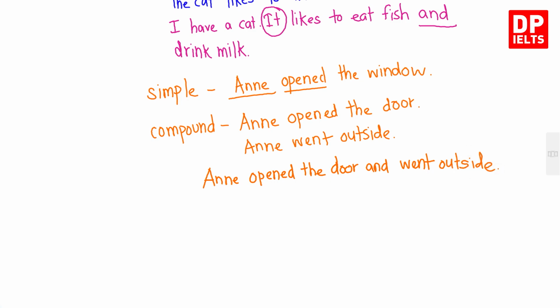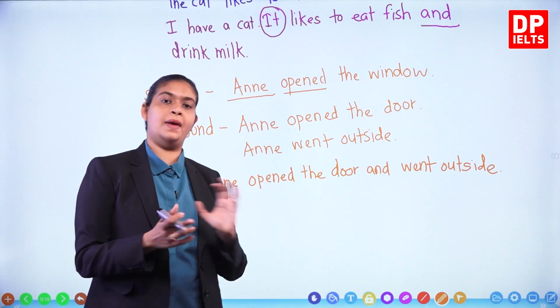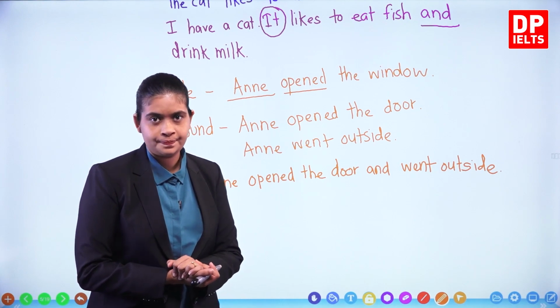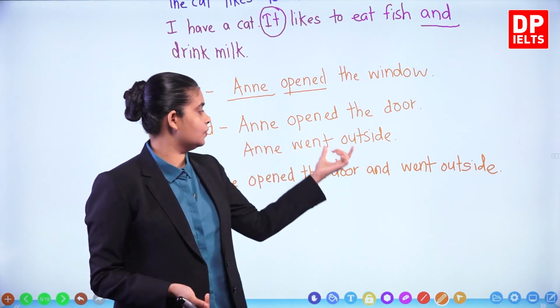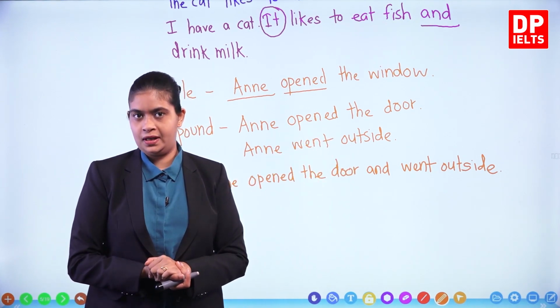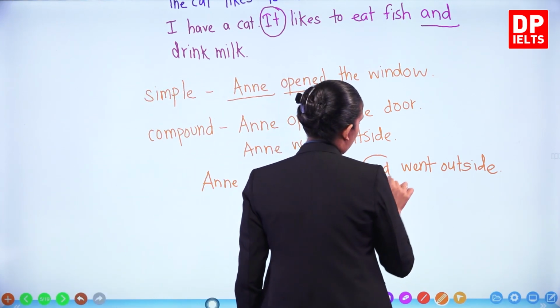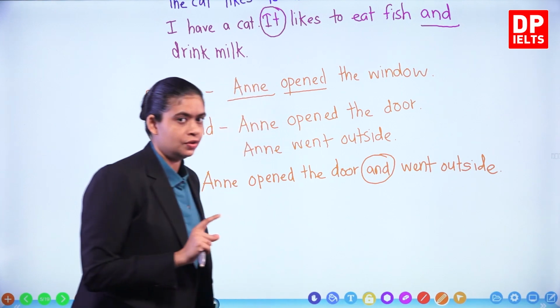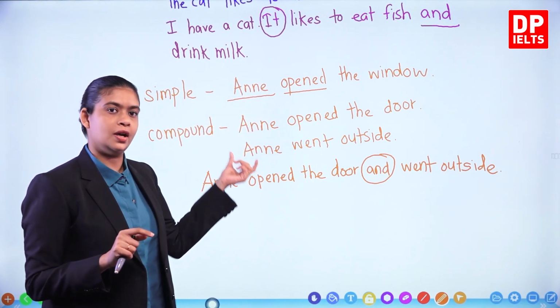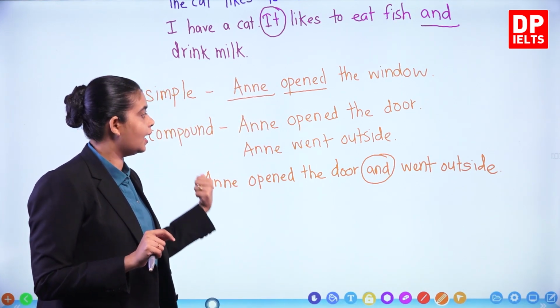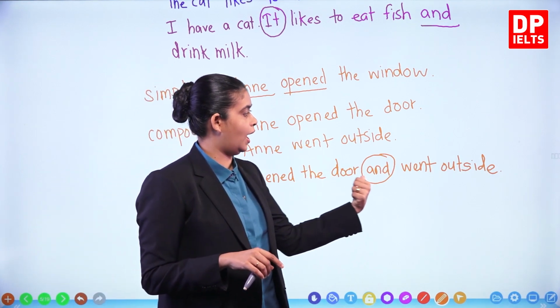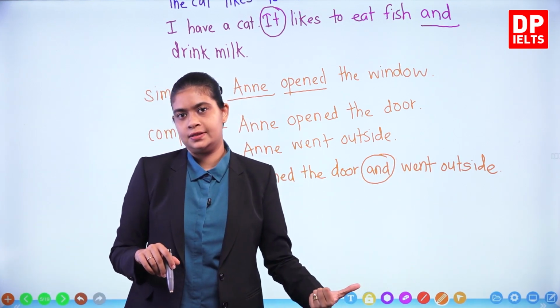Okay, so Anne opened the door again has a subject verb and is an independent clause. And went outside, again it is an independent clause. So you use the coordinating conjunction and you could combine these two ideas together and say, Anne opened the door and went outside.